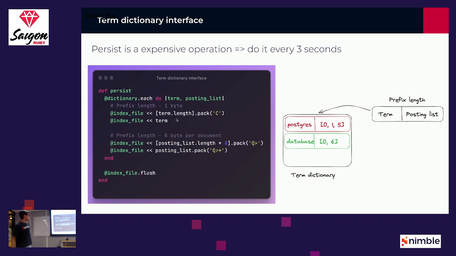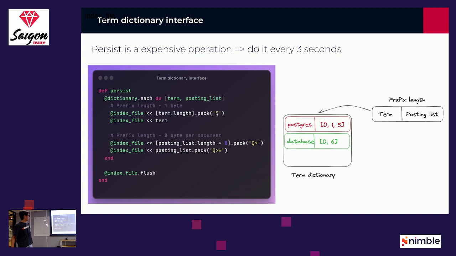So here's the implementation. This is basically my payload. The only difference is for the term, I only need 1 byte for the length, because as you see, I capped the term at 255 characters, so I only need 1 byte to store the length. That's why you need a different flag here.